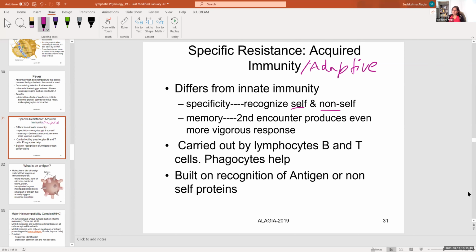But adaptive immunity not only recognizes self and non-self, it is highly specific in its response. Meaning, understand what this pathogen is, understand its protein, and come up with a counter protein. It's all about protein. Virus 1's protein and virus 2's protein are 2 different proteins. Bacterium A, bacterium B, 2 different proteins.